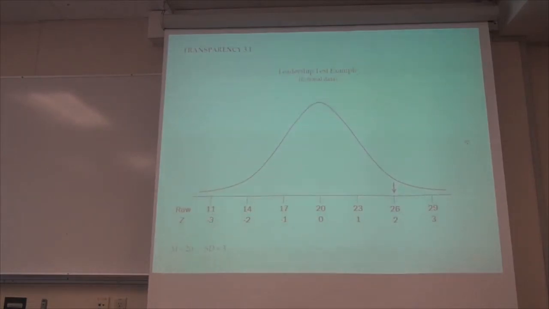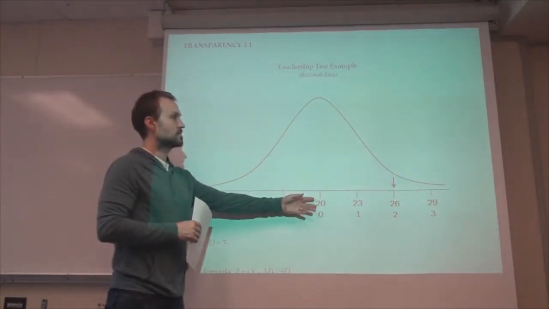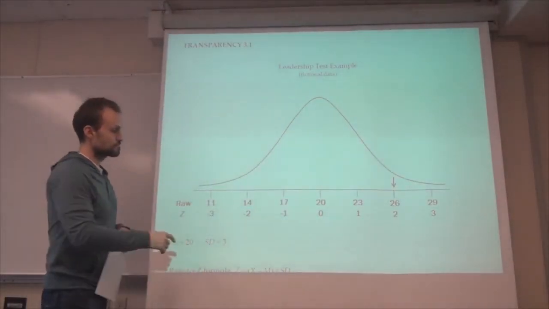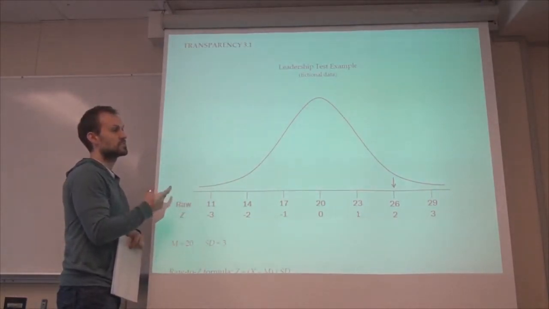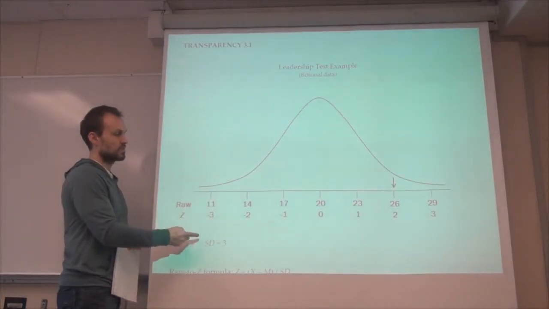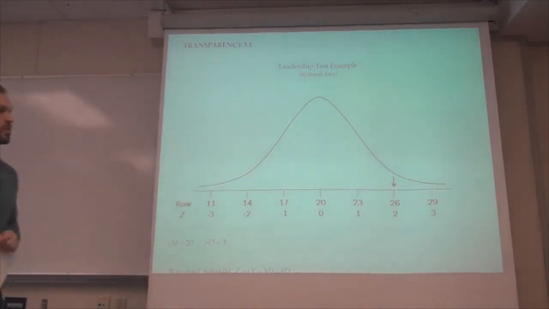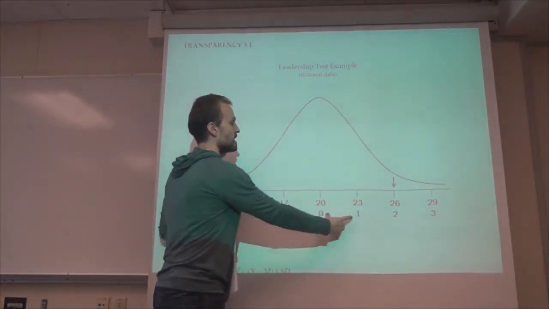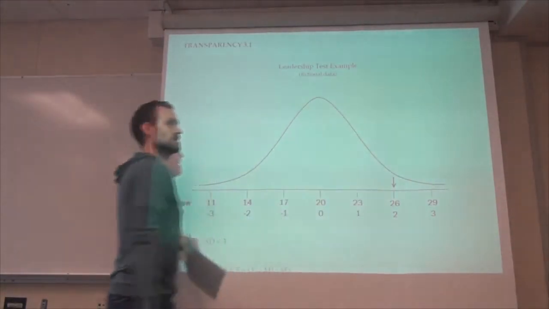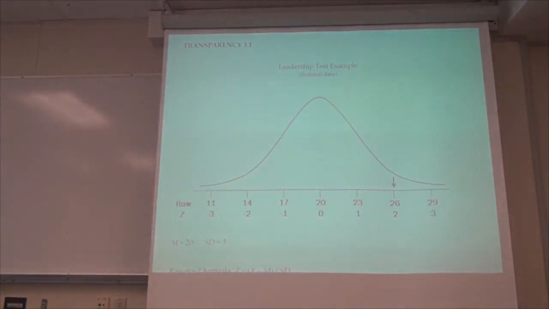With the property of the distribution, I simply refer to the distance away from the mean in terms of standard deviation steps. In this case, the standard deviation is smaller, so it takes steps of 3, and that's 1 standard deviation step, 2 standard deviation steps, and negative in the other direction. So the z-score is a way of standardizing the distribution.